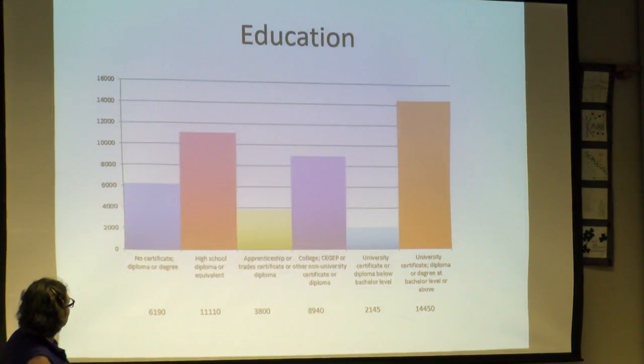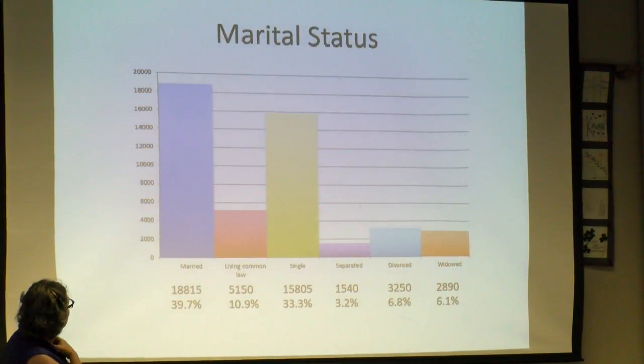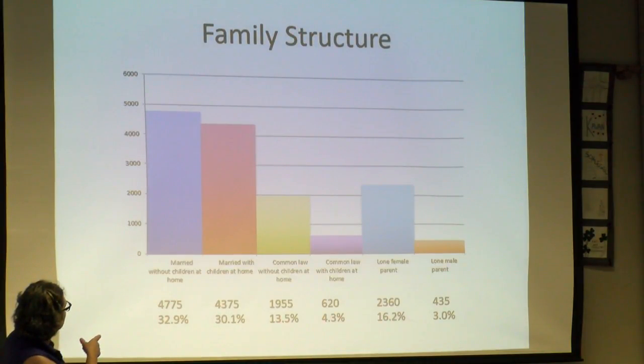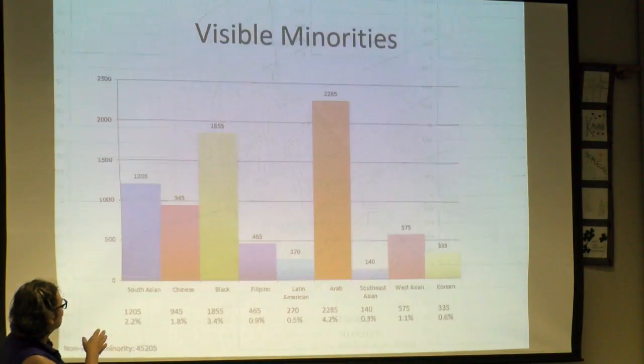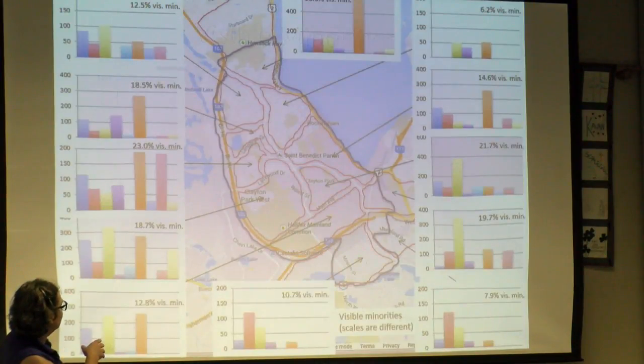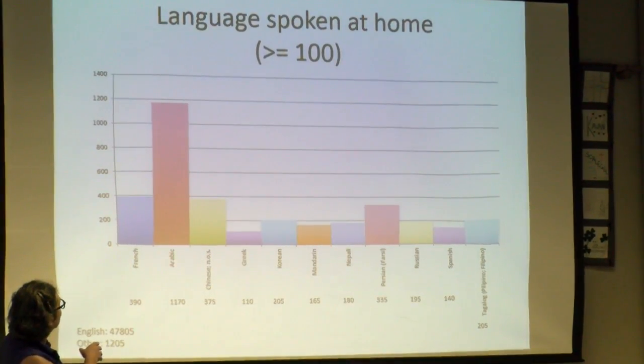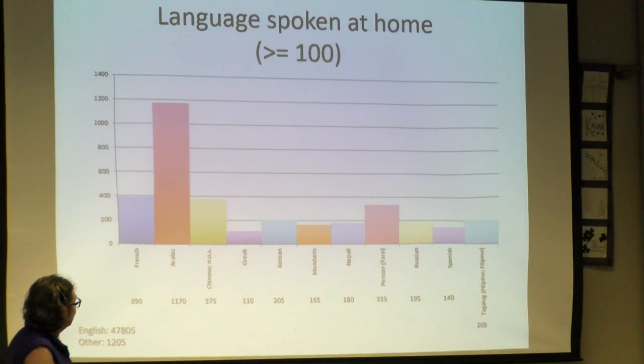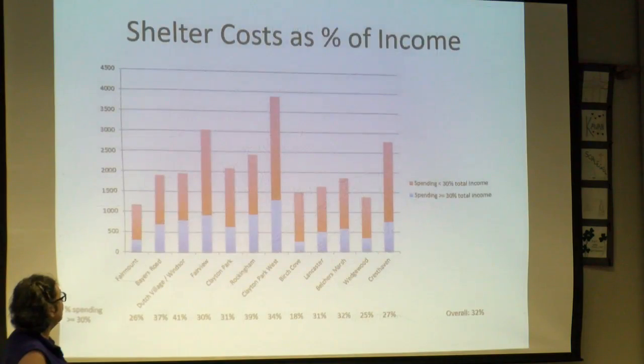Some more stuff. He was looking at education, marital status. That was interesting. I think this was the whole population, and then he compared it to our church. I'm just trying to show you a kind of analysis that was done. Interesting, eh? Arabic. We have a ton of Filipinos in our shelter costs.